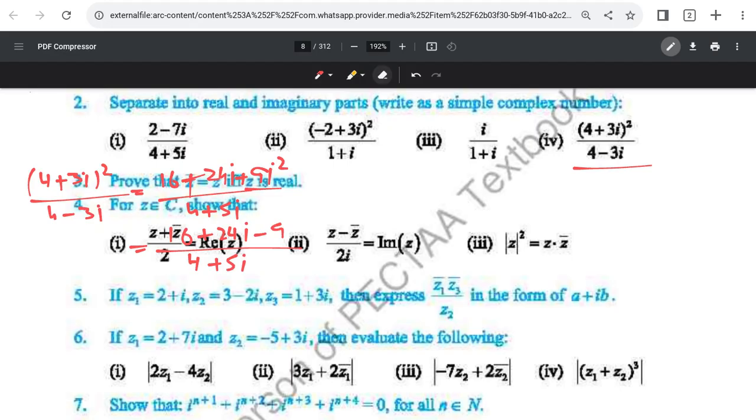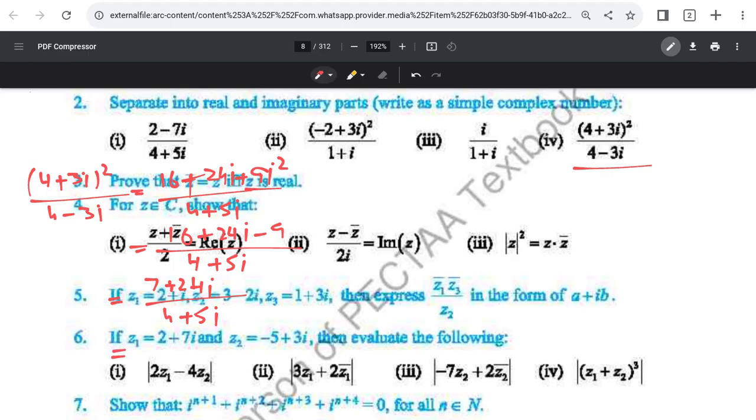Okay, so dear students, in the next step, 16 minus 9 gives 7, so we have (7 + 24i) over (4 + 5i).